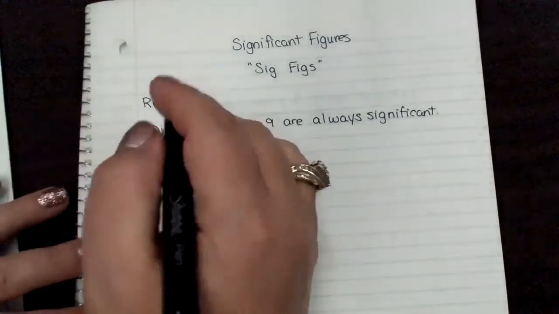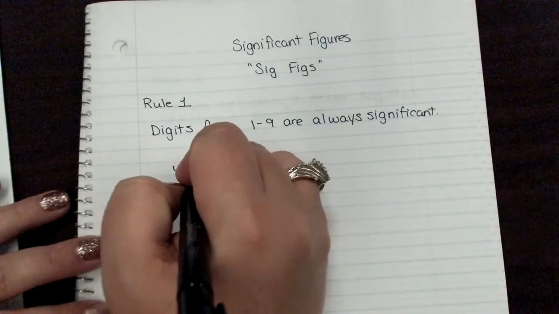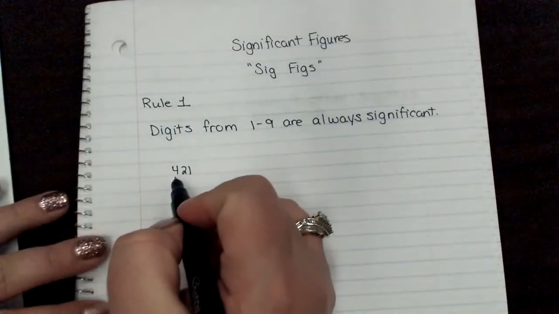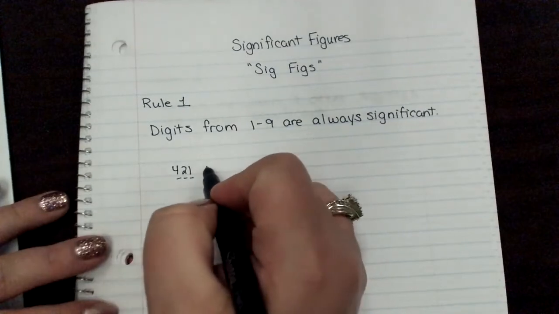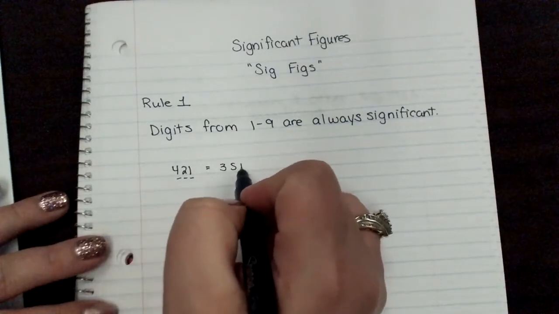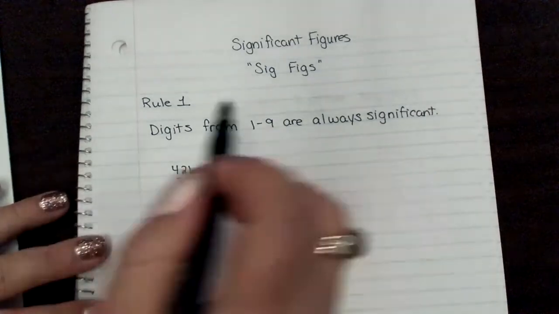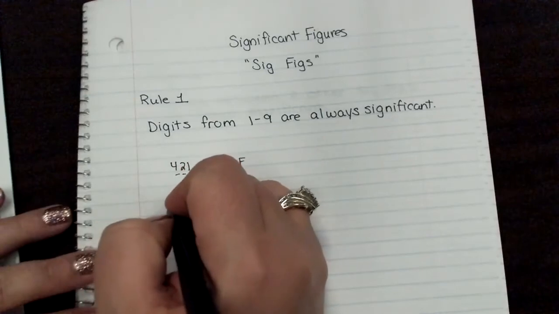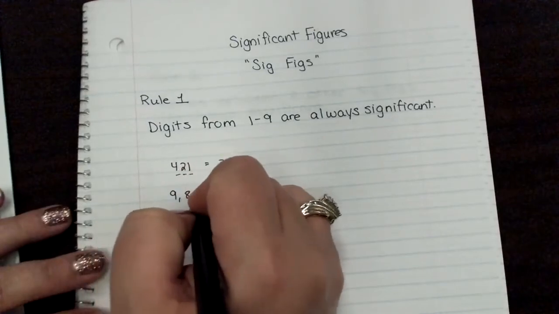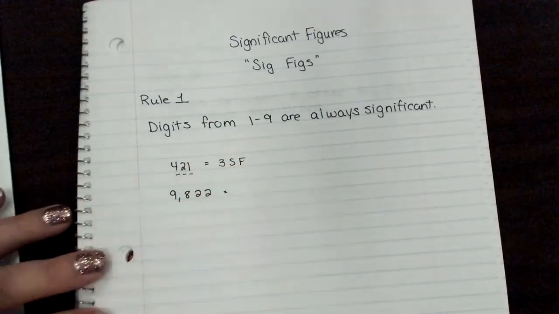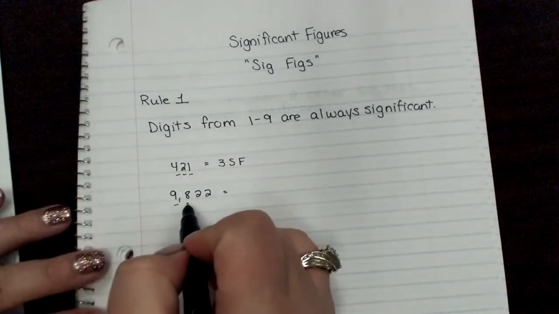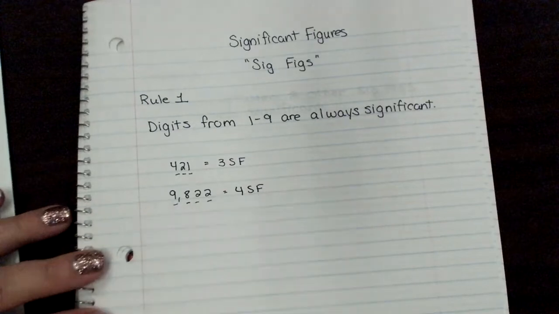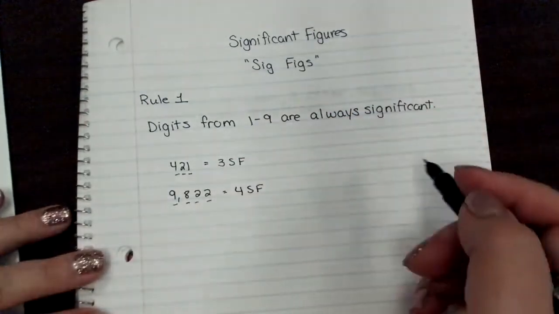So if I gave you the number 421 and asked you how many significant figures there were, you would say 1, 2, 3, because there are 3 digits that are one of these, 1 through 9. If I asked you how many significant figures were in 9,822, you would say that there are 4 significant figures because there are 4 digits that fall between that 1 through 9.